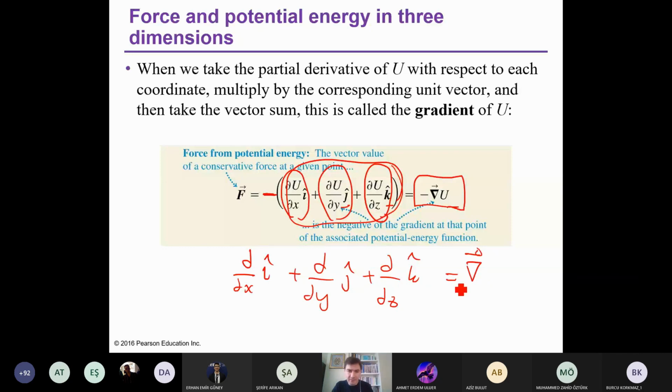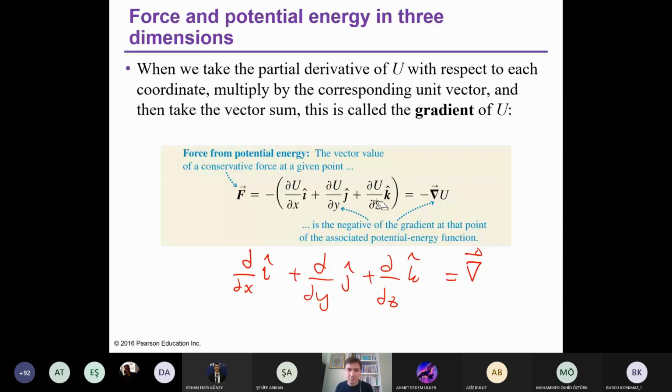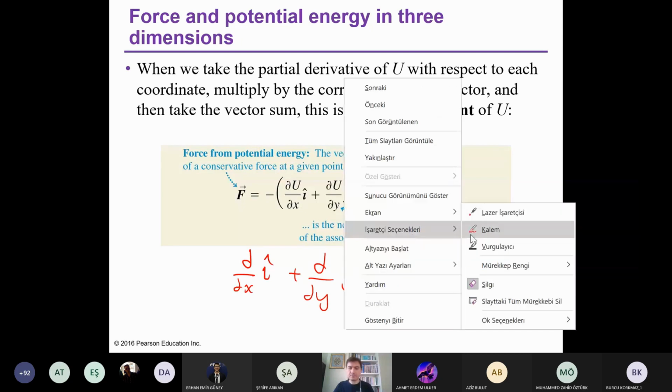And then if you use this expression in the force from potential energy in 3 dimensions, then we can write the force as minus gradient U. Any question here up to now?